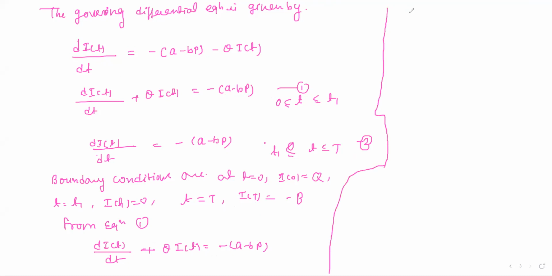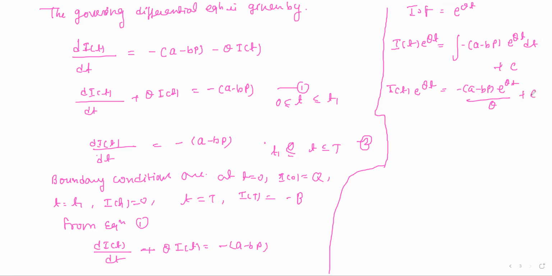So we can find the integrating factor, that will be e to the power theta t. So its solution will be I(t) e to the power theta t equals minus of (a minus bp) integral of e to the power theta t dt plus a constant c. So it becomes I(t) e to the power theta t equals minus of (a minus bp) e to the power theta t upon theta plus c.